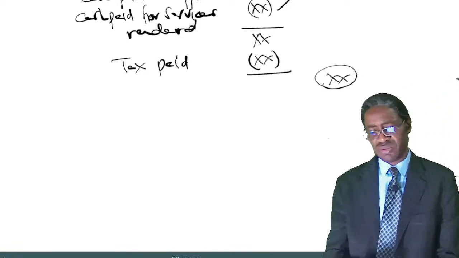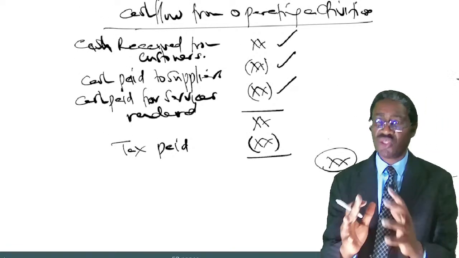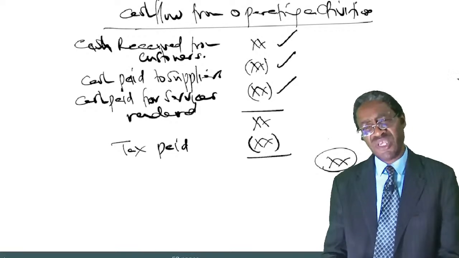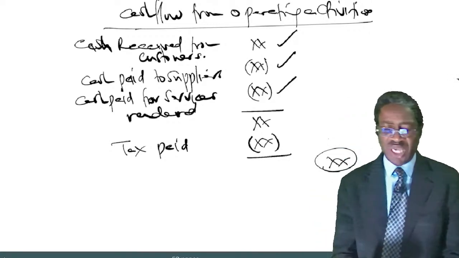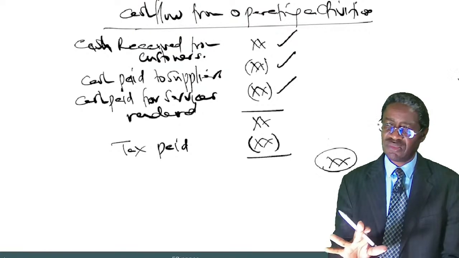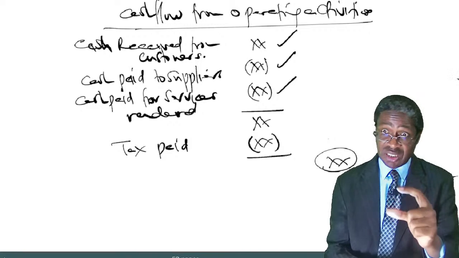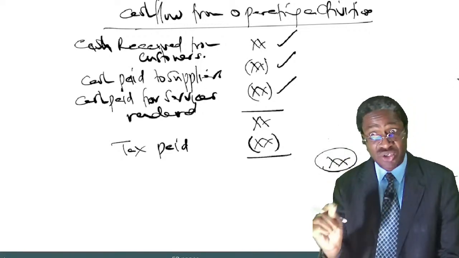So let's continue. I want to take you through slowly now how to determine each of these three amounts. One is what we are calling the cash received from customers. Listen, we are not saying cash received from debtors. We are calling it cash received from your customers.